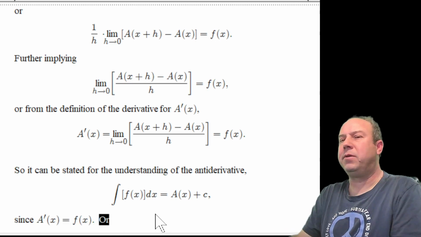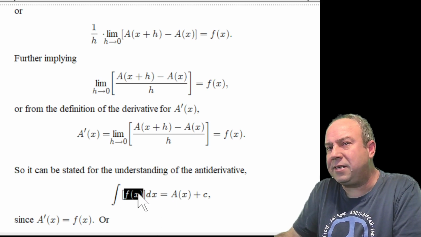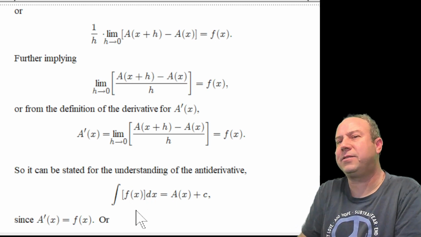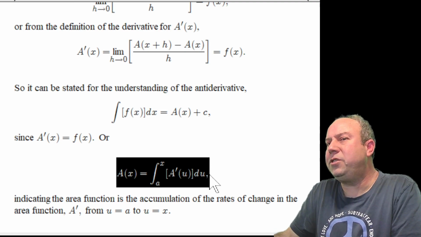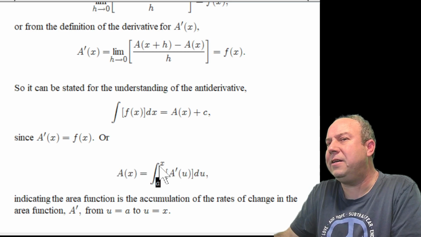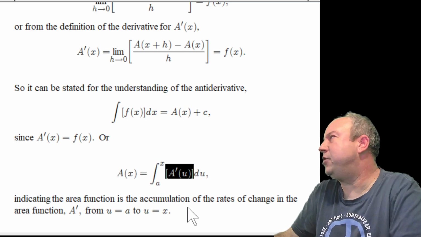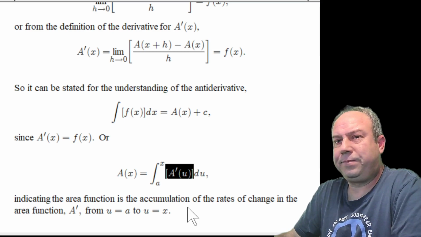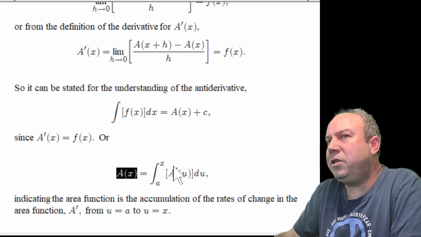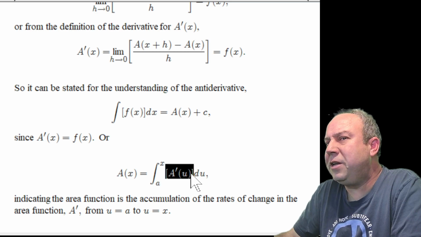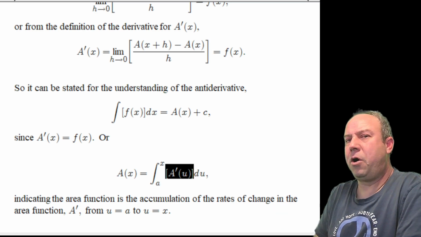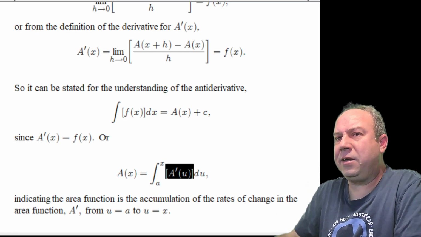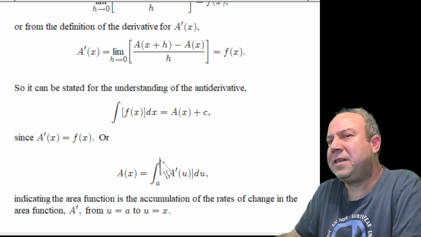Or what I would be able to say is go in and replace this f of x with A prime of x and be able to say that the area function is really just the definite integral from little a to x for the rate of change in the area function. Right? The area function is really just an accumulation of its rate of change, right, over that interval from a to x.